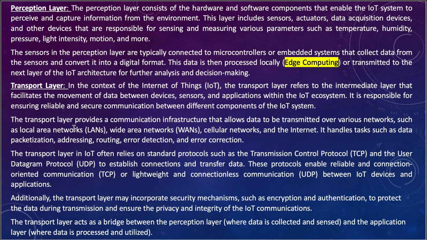Again, we will not go for a deep dive into networking, because that's a different subject by itself. So we should understand that networking in IoT breaks down to two different protocols, or two different methods, right.